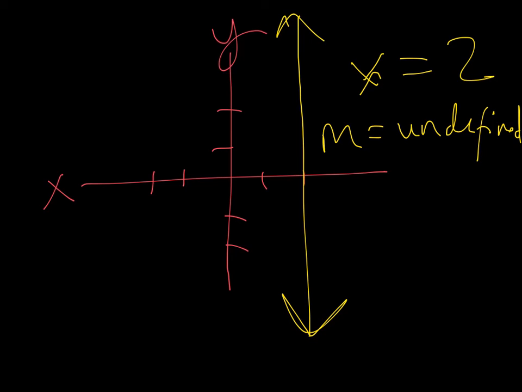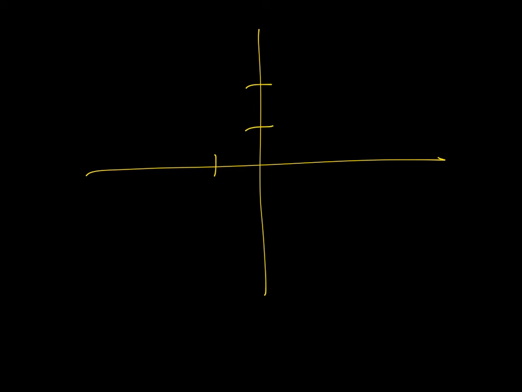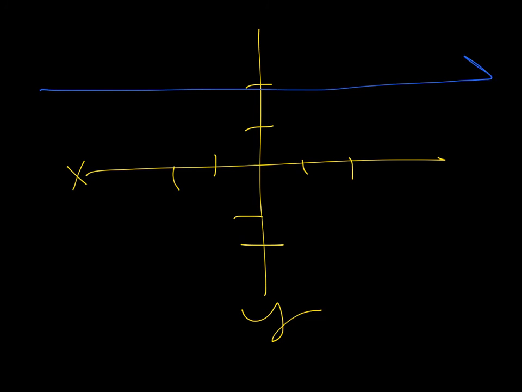Undefined, okay? We can also have a slope through y equals 2. So this line is y equals 2. And in this case, m equals 0. So for horizontal lines, m equals 0.